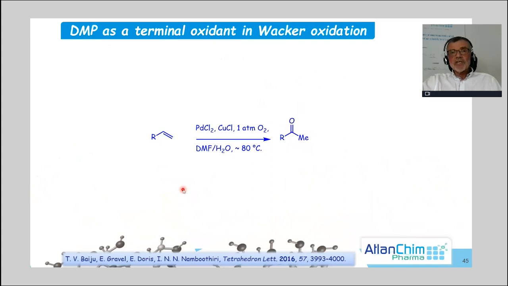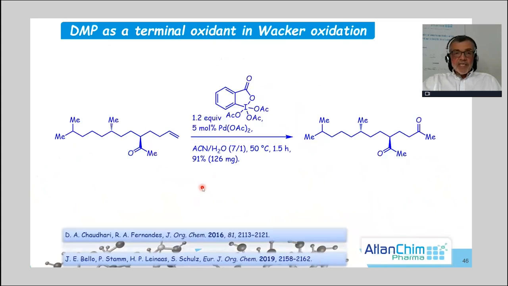The 2G Wacker oxidation, the lab scale version of this Wacker oxidation, exhibits outstanding selectivity and has been successfully applied in a total synthesis of complex molecules.